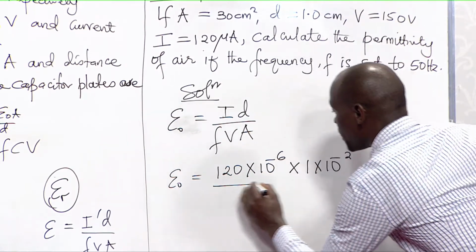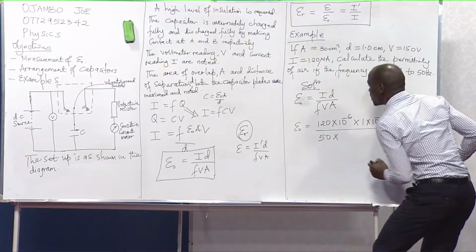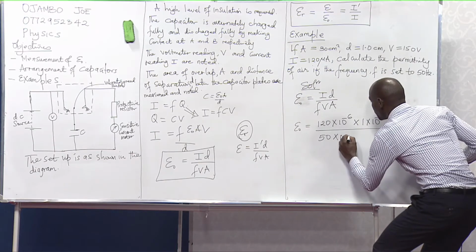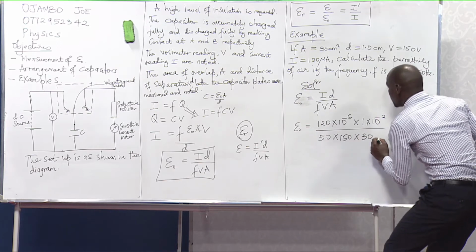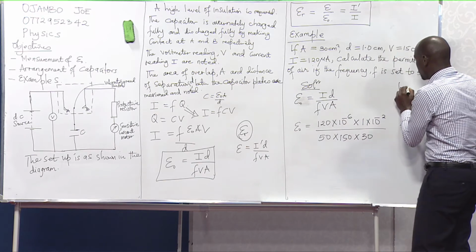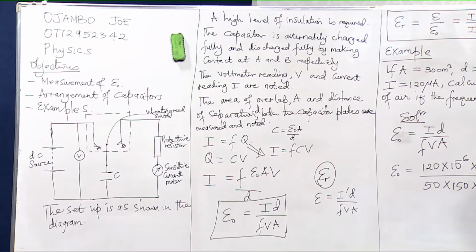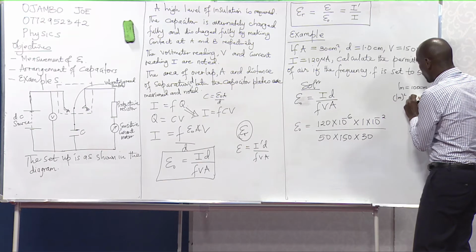That is very right. Divide by the frequency, 50 hertz, times the PD, 150 volts, then times the area of overlap, which is 30 square centimeters. Now, we know that 1 meter is equal to 100 centimeters. So if I went ahead and squared this, that means I'll also square the other side.